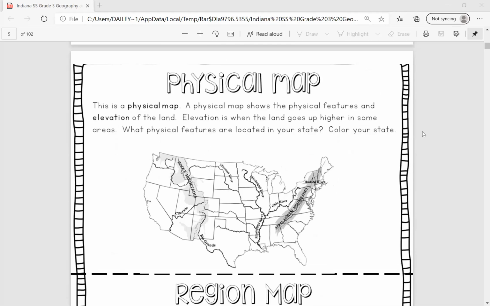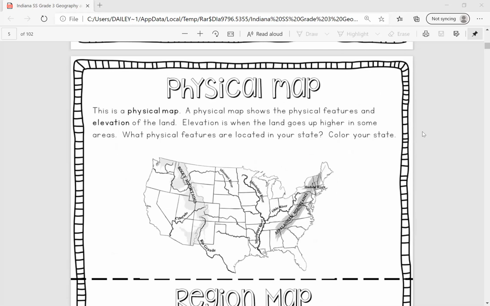The second type of map we are going to look at is called a physical map. Now, we looked at these a little bit when we looked at landforms, but a physical map shows physical features and elevation of the land. The word elevation means height.